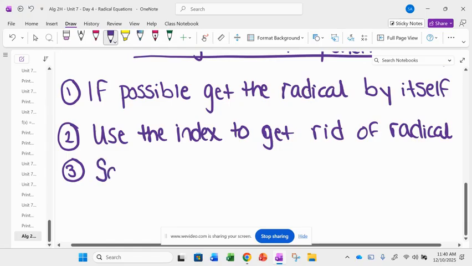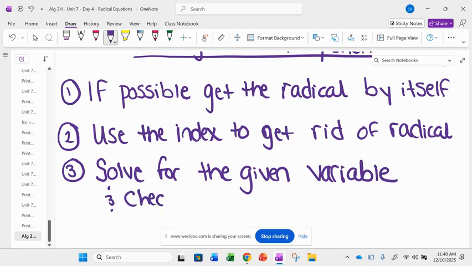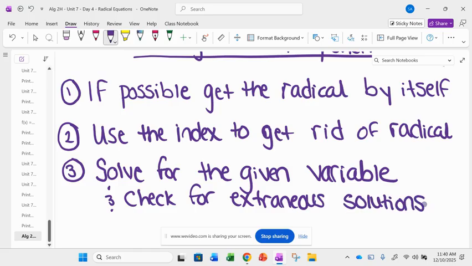And lastly, you're going to solve for the given variable and check for extraneous solutions. Okay.